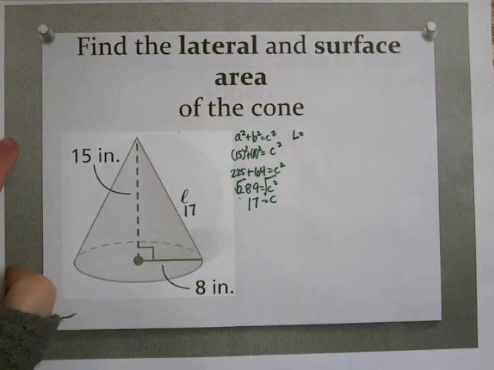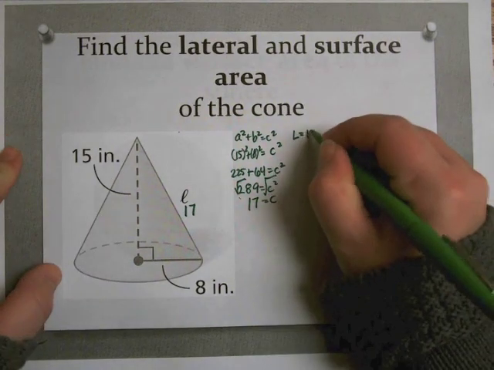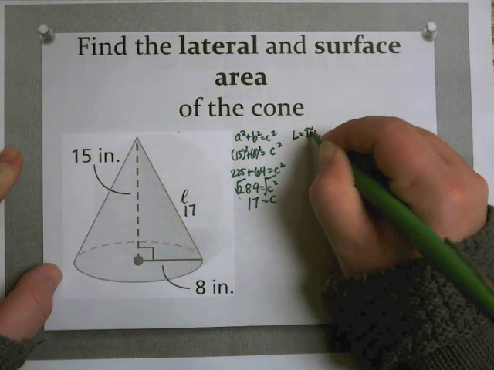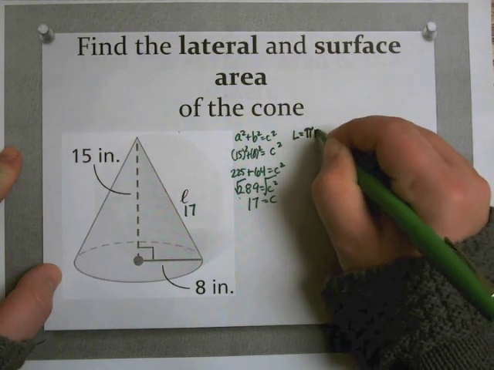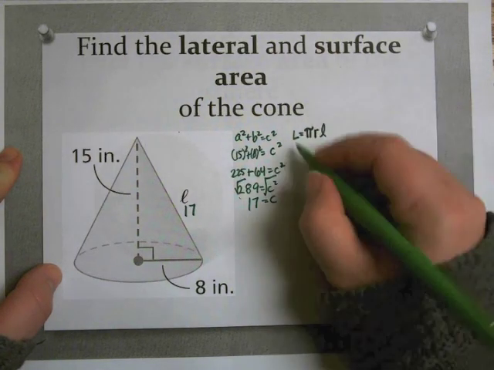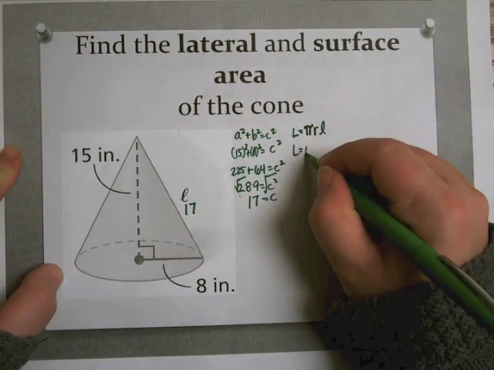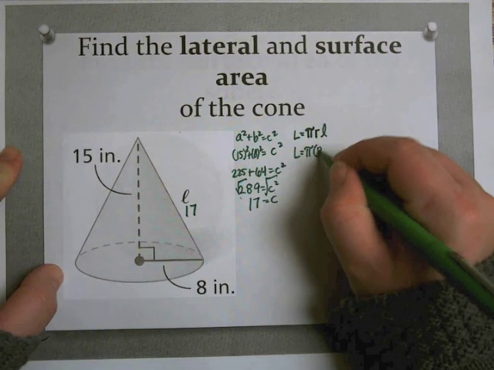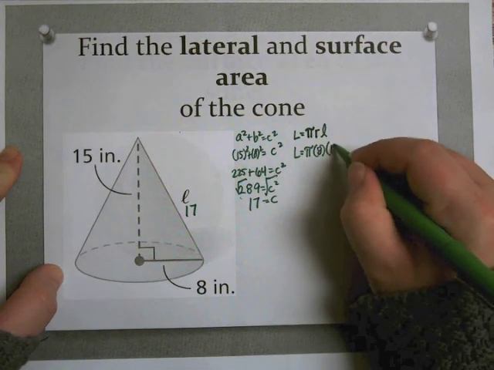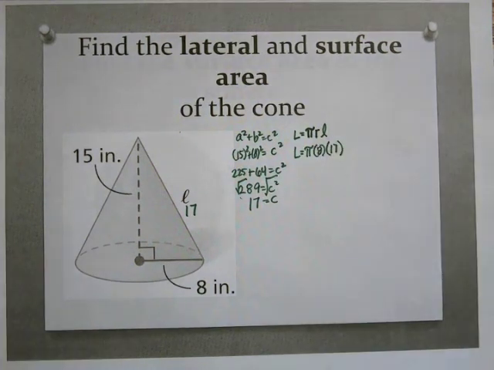Well, if the perimeter is 2 pi r, the 1/2 and the 2 cancel out. So really we have pi times the radius times our slant height. So we've got pi, our radius is 8, times the slant height is 17.